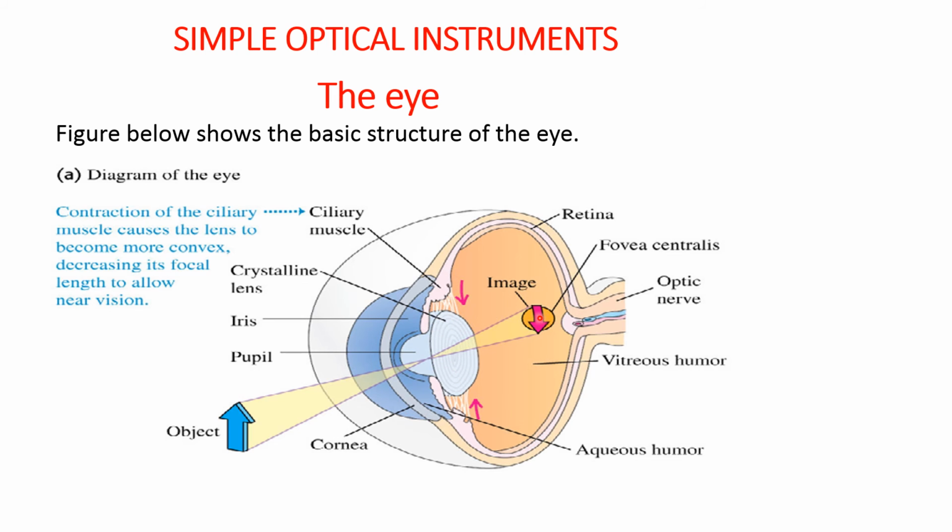The image is inverted and smaller than the object, formed on the fovea centralis, meaning on the retina.